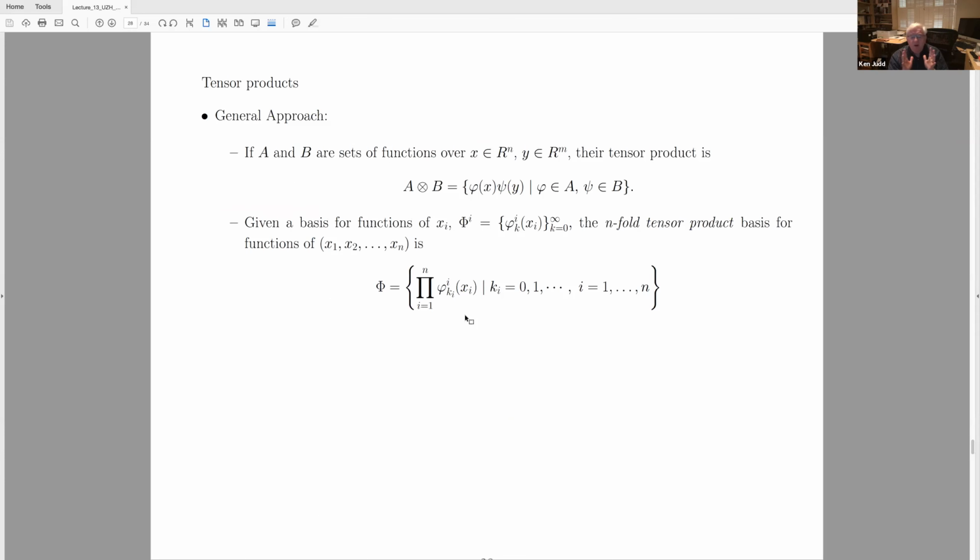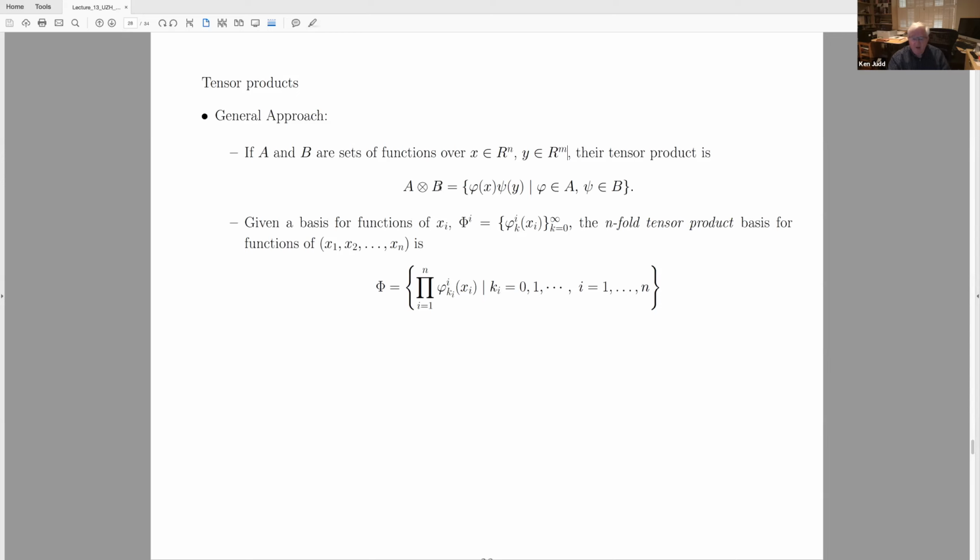Now, when we go to multiple dimensions, the natural thing to do is to take the one-dimensional stuff that you're familiar with and adapt it naturally to n dimensions. So now suppose that you have a set of basis functions over x, and a collection of basis functions for functions over Rm, called functions over those y's.